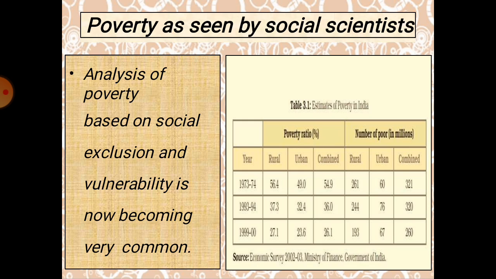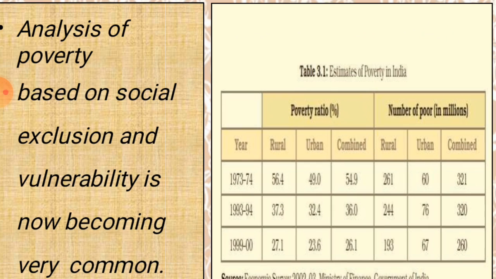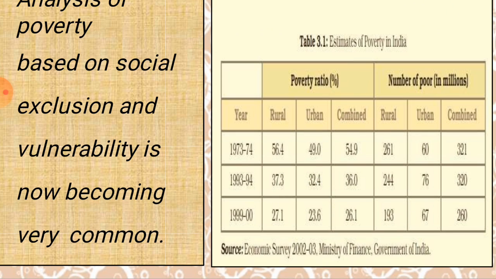In rural and urban areas you can find a lot of difference prevailing. You can see this is how the changes are. In 1973 to 74 it is 56.4 in rural areas and 49.0 in urban areas. So combined you can find it is around 54.9.